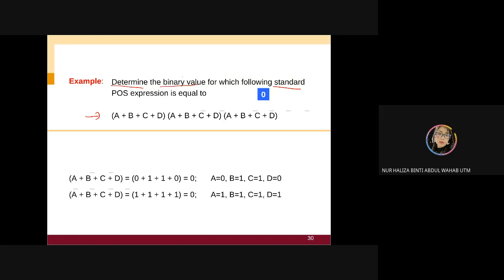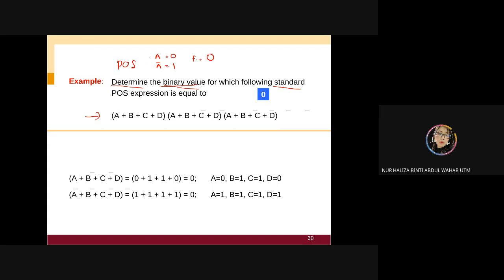Determine the binary value. So binary value, of course, you already know how it is. Basically, it is your input value using your 1010. Now, you need to remember POS. You have A bar, A equal to 0, A bar equal to 1. Your output will be 0.